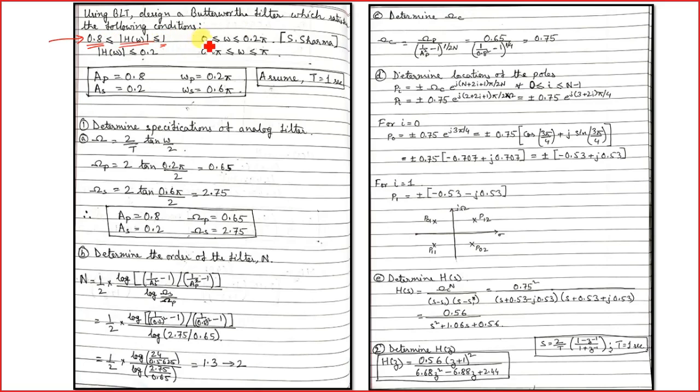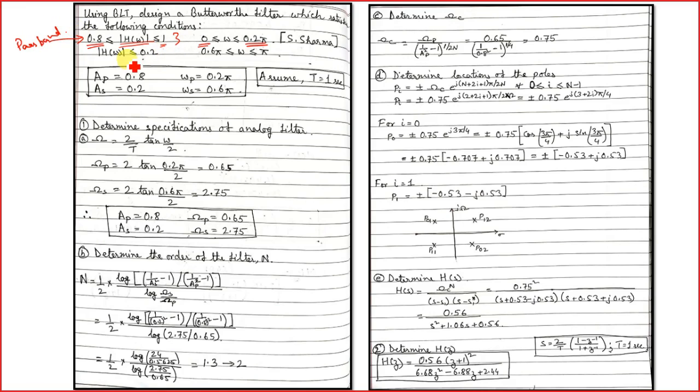Okay, and it is given that this is valid in the region of 0 to 0.2 pi. Okay, that means this is the pass band.